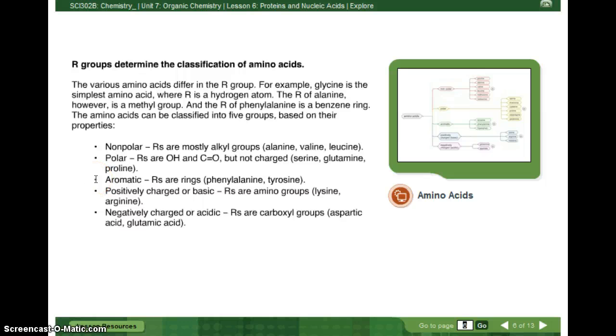They can be aromatic, where the R's are rings, like phenylalanine and tyrosine. They can be positively charged or basic, so the R are amino groups, like lysine or arginine. And they can be negatively charged or acidic, where the R's are carboxyl groups, like aspartic acid or glutamic acid.